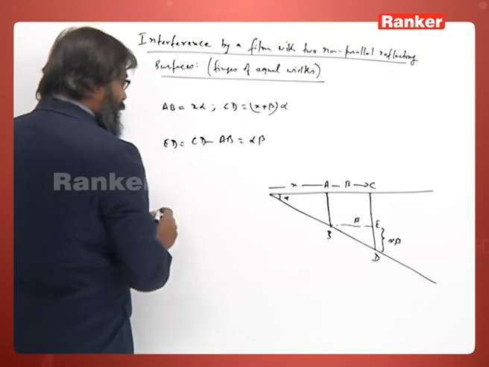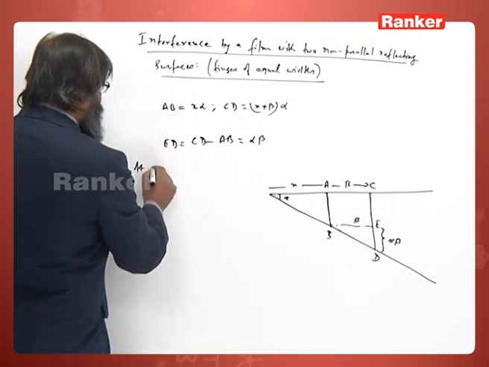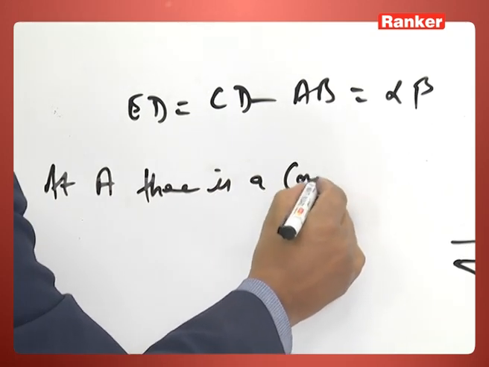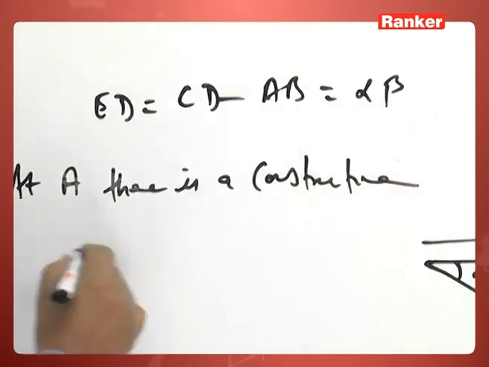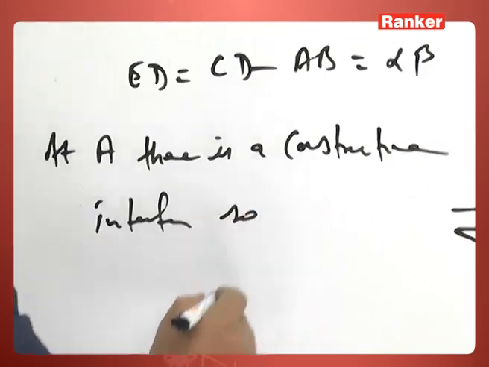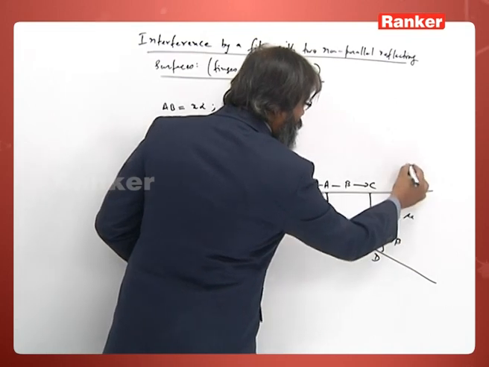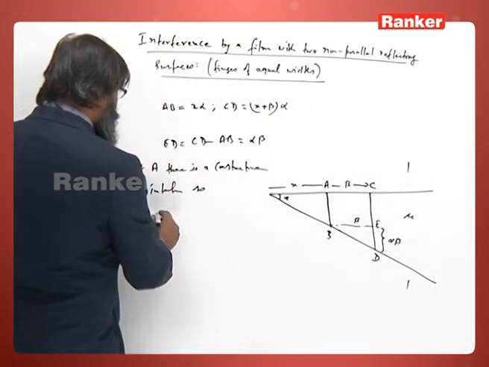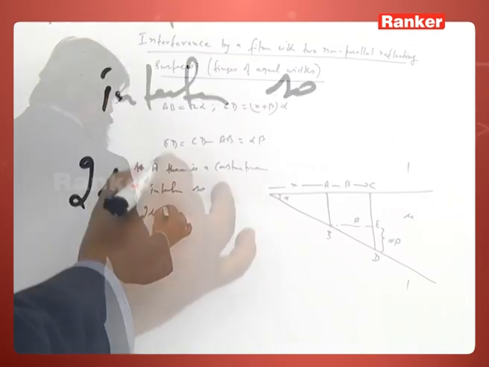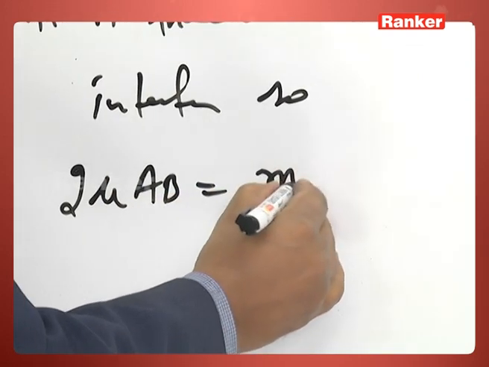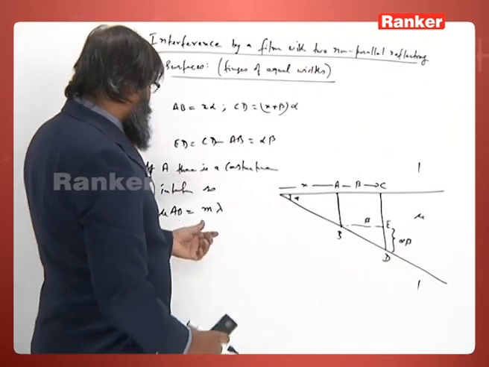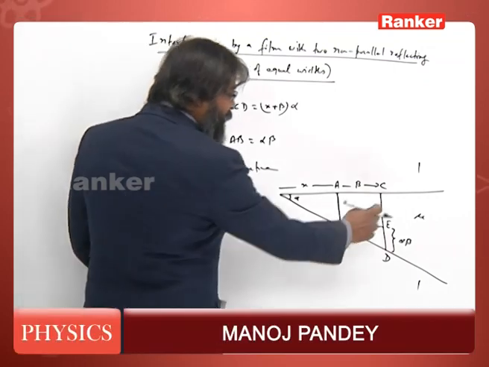Now at A there is a constructive interference, a maxima. So this film has a refractive index mu, and this is air. Then we can write 2 mu AB is equal to m lambda. Here I assume that this is denser medium.